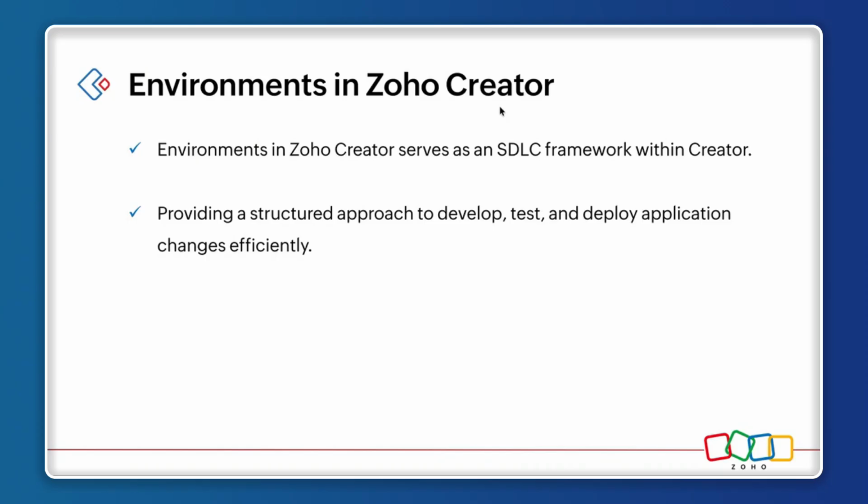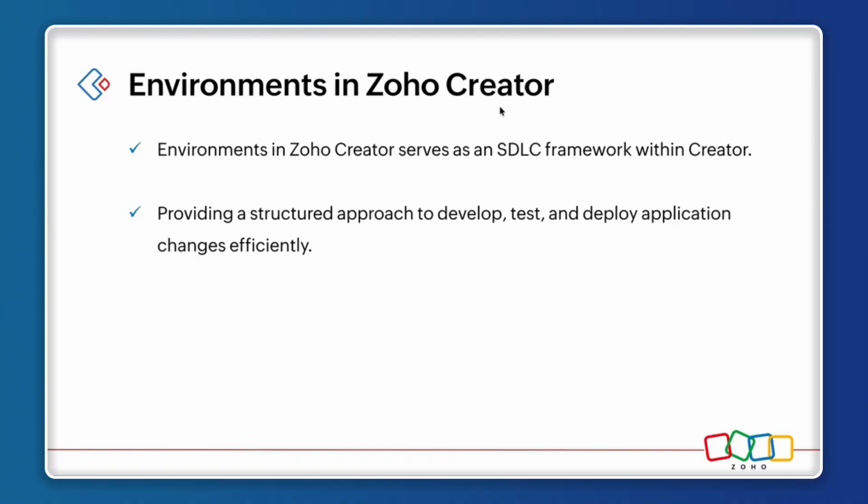In Zoho Creator, environments provide a structured way for you to manage your application lifecycle. Instead of directly making changes in a live application that might hinder user interaction or the activity within the application, you can allow your application to work in isolated stages, which will never impact the live application that you are currently using.